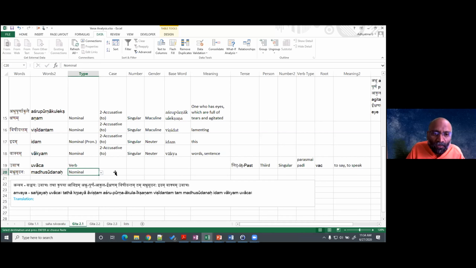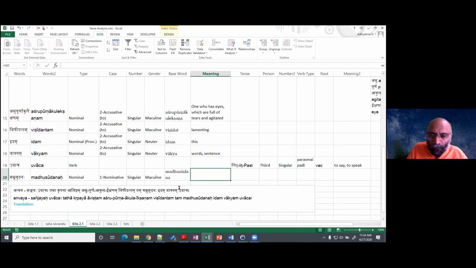And Madhusudana is nominative, singular, masculine. Madhusudana also is a samasa, a compound word. It consists of two words, Madhu and Sudanah.